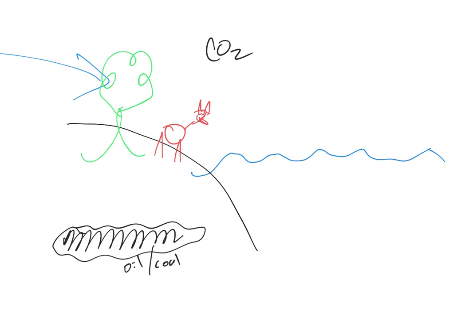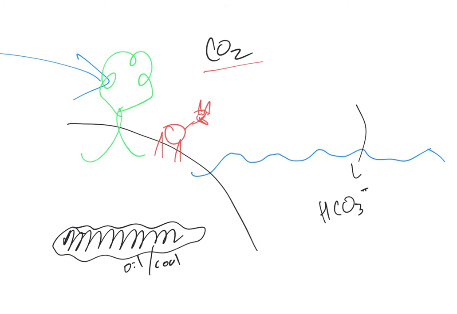So we have carbon in the air. Now, carbon in the water dissolves. So CO2 in the air becomes HCO3 minus in the water.